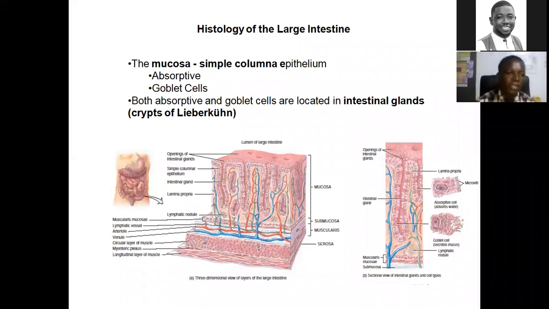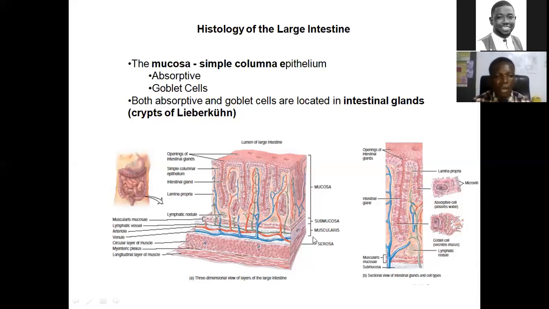Then we'll look at the histology of the large intestines. What is it made up of? That's what we are going to look at. Typically, if you look at the GIT, all the organs are made up of 4 types of layers. As I mentioned earlier, we have the mucosal layer, the innermost part. Then we have the submucosal layer, which directly follows or lies beneath the mucosal layer.